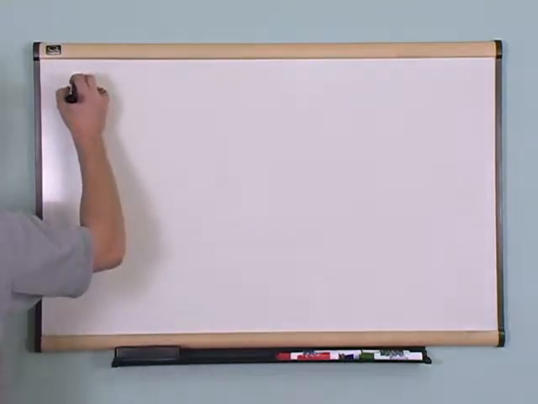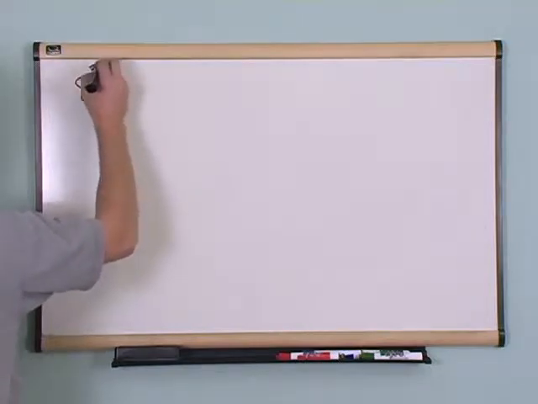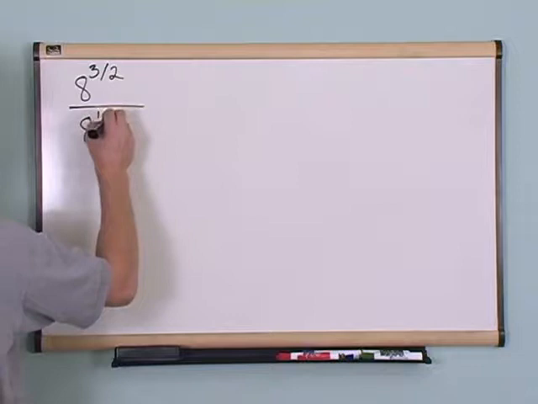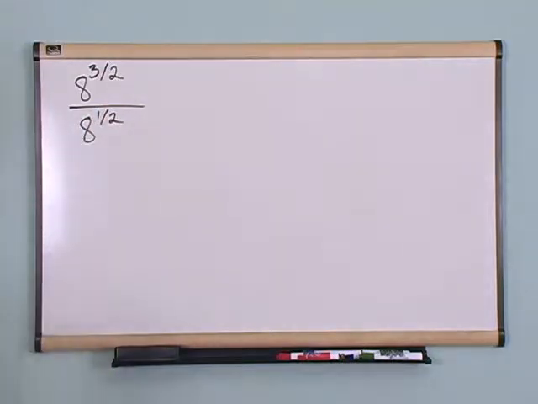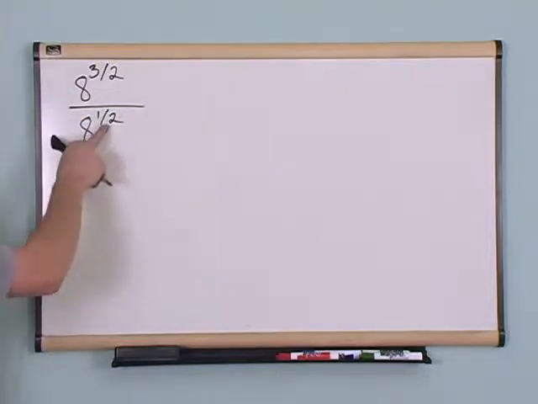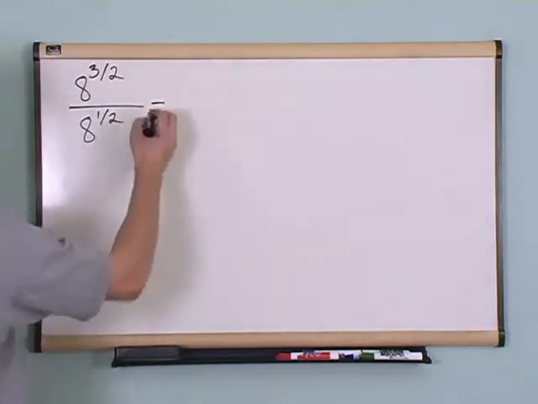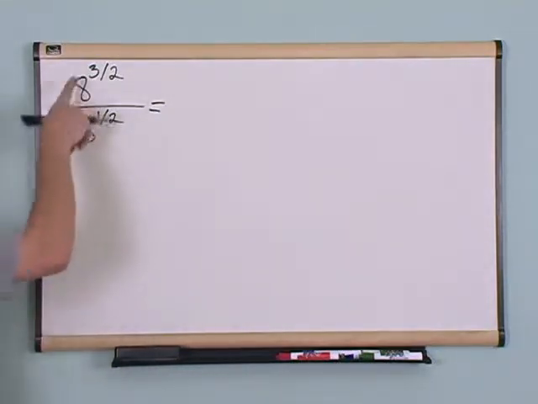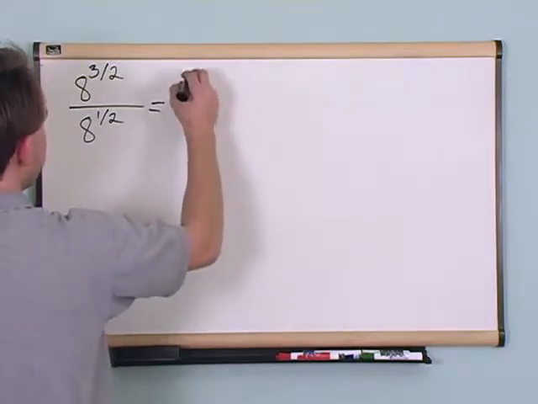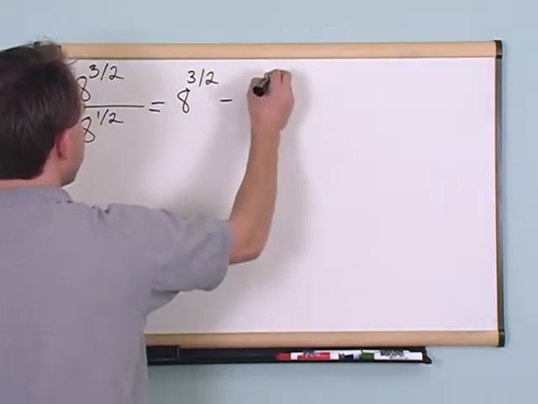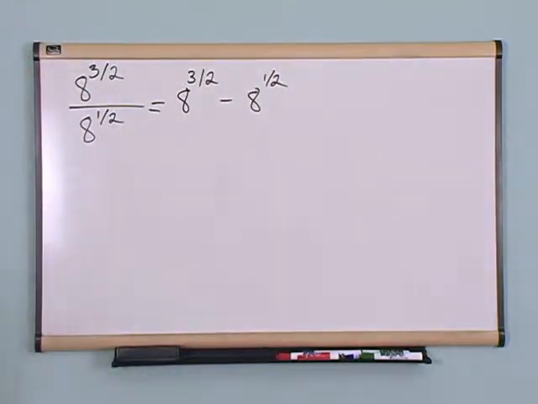If you have 8 to the 3/2 over 8 to the 1/2, how do you do that? Well, if you remember back from earlier algebra, anytime you have some base with an exponent divided by the same base with a different exponent, instead of adding them like you did when they were multiplied together, here you just subtract them. So it's 8 to the 3/2 minus 1/2 in the exponent.